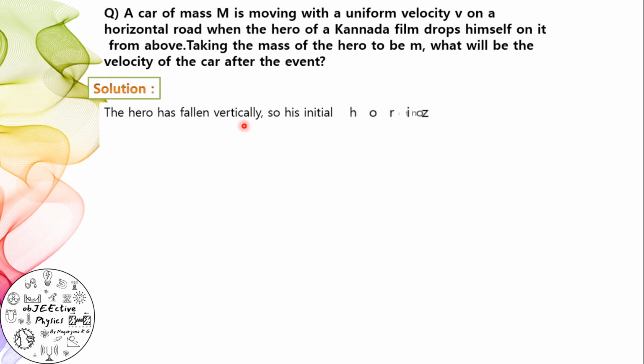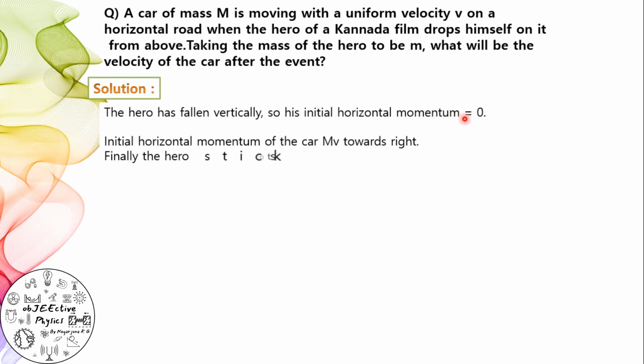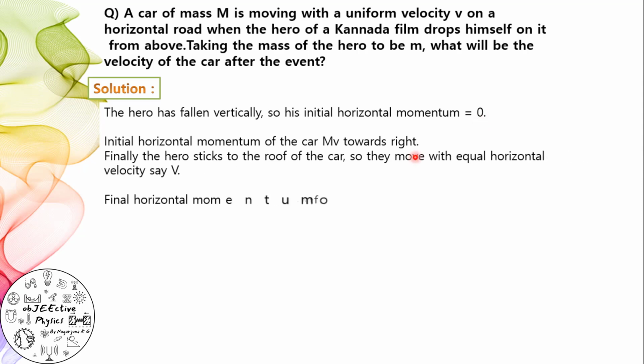The hero has fallen vertically, so his initial horizontal momentum is equal to 0 because there is no horizontal velocity initially for the hero, and initial horizontal momentum of the car is equal to capital M into V towards right.